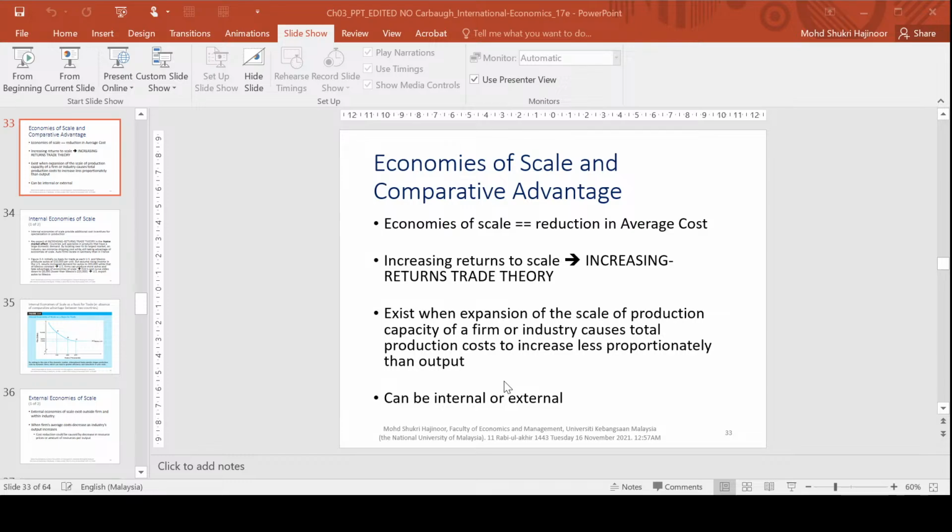So with a bigger market, firms can produce more autos and take advantage of the economies of scale. Firms' cost curve slides down to 8,000, lower than Mexico's 10,000.